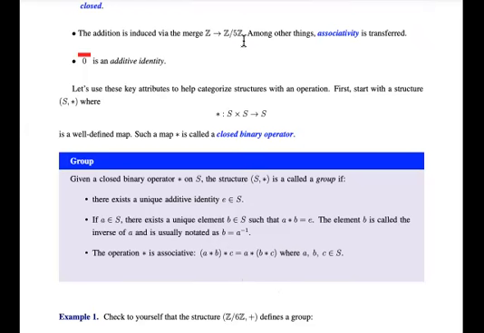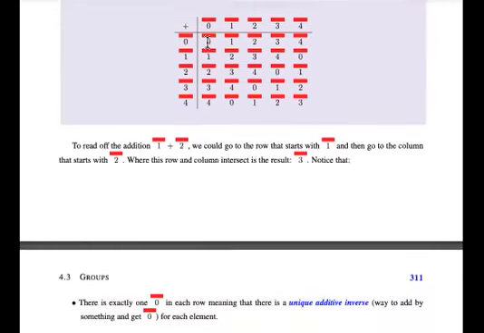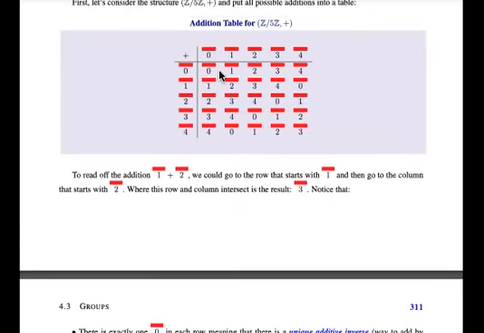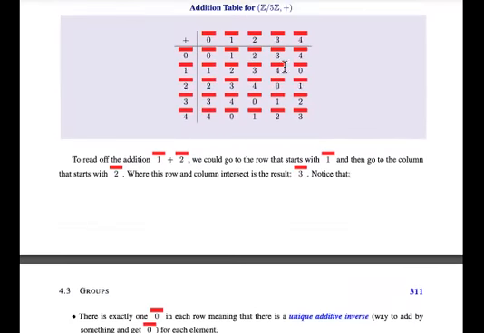If we preserve it down, the associativity naturally transfers down. So since this is just a merge of Z with the addition preserved, then this is associative as well. So we get that one for free here. And then just looking at the table, we just check that everything has an inverse and the operation is closed. And since we're already given associativity for free, then we call this a group.